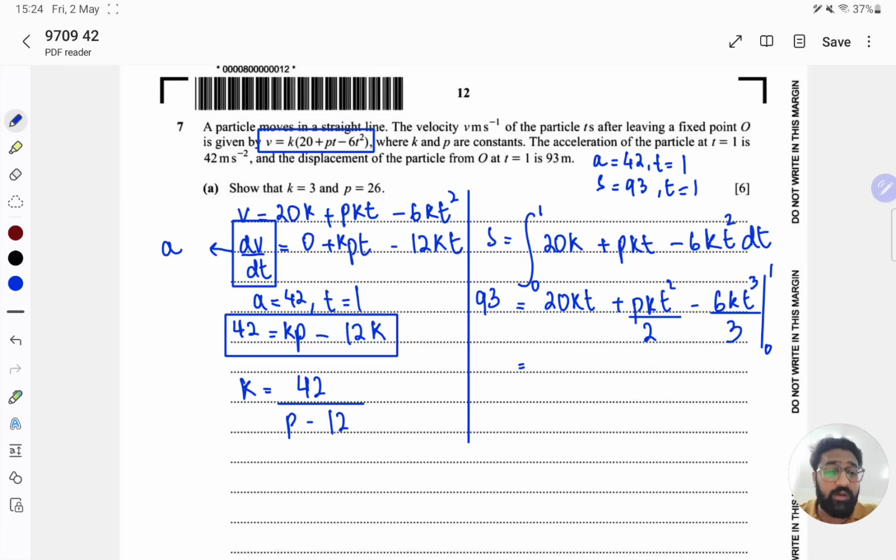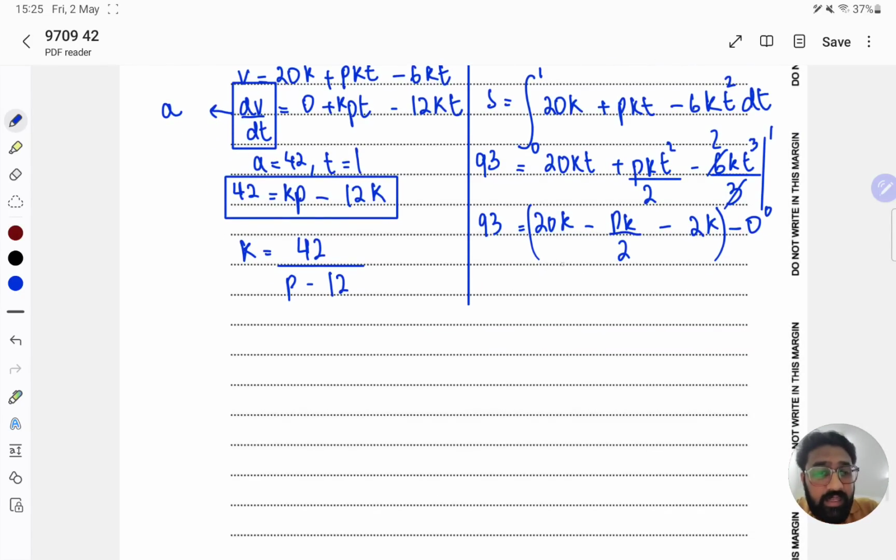If I put 1, the upper limit, it will become 20k plus pk divided by 2 minus k, minus the lower limit. If I put 0 in all of these, it is going to ultimately give me 0. So the upper limit minus the lower limit, where the lower limit is 0, equals 93.